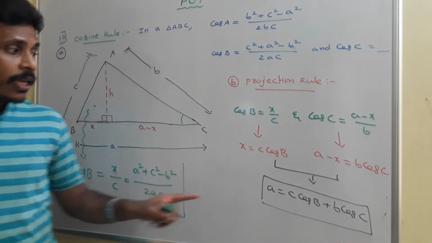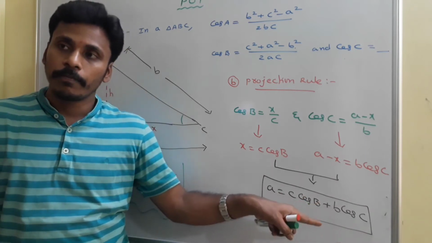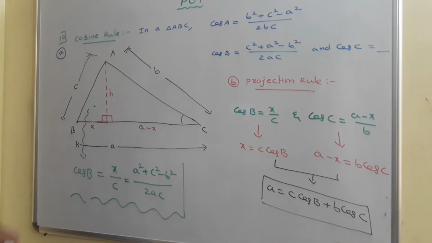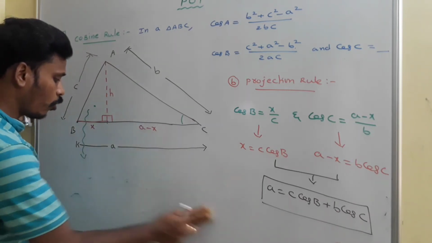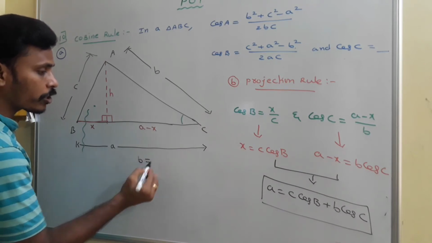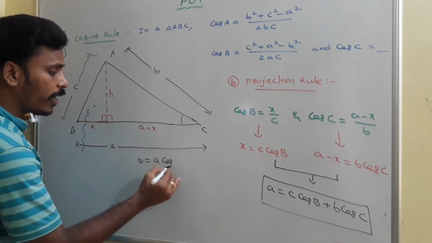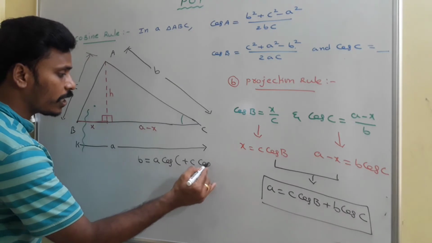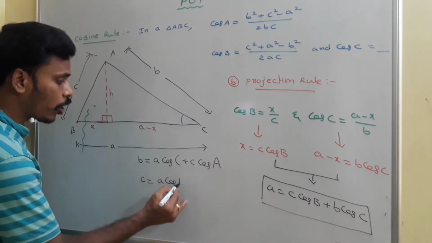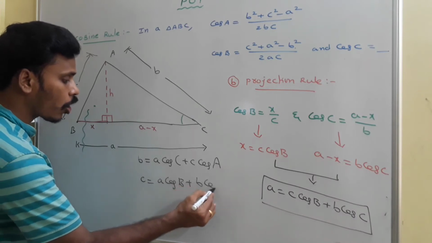For a, the result involves c and B. In a similar way, we can write for b and c also. If you are interested to write for b, then as per the projection rule, b is equal to a cos C plus c cos A. And in the same manner, c is equal to a cos B plus b cos A.